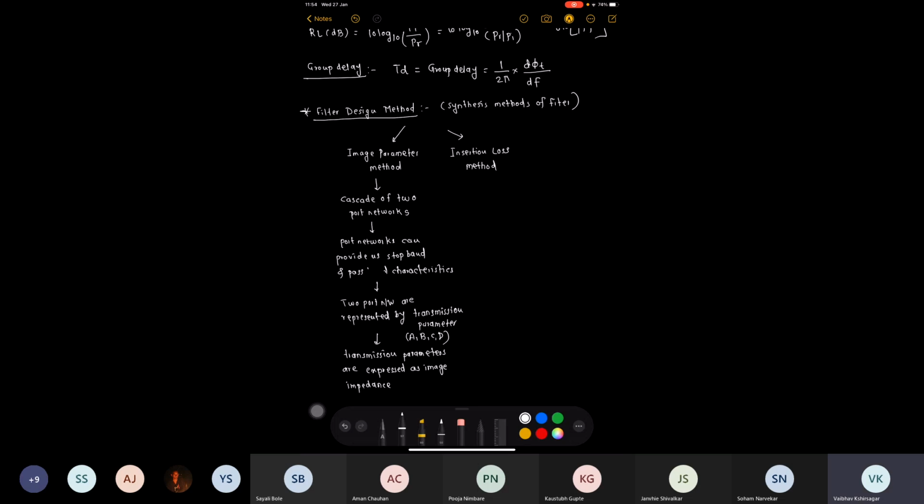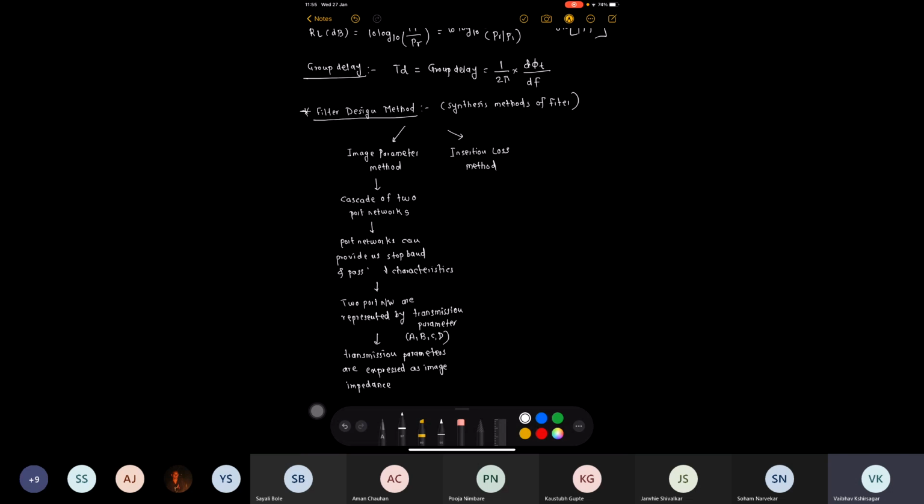It determines what properties of passband and stopbands are required by calculating the properties of infinite chain sections which are represented as a two-port network. So the image impedance of the two-port network plays a very important role in the design consideration.